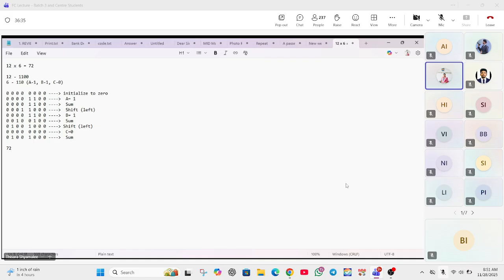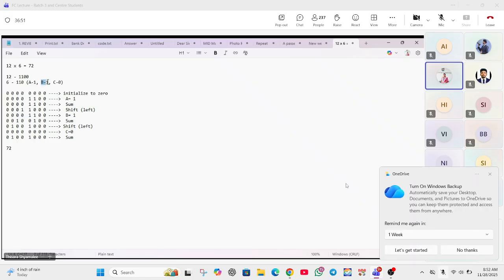Once you do the left shifting, you again need to multiply this binary value of 12 by the B value. The B value is also the same as the A value, that is 1. So again you multiply this binary value by the B value, and you will get something like this.